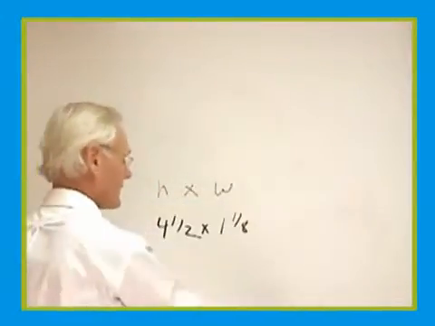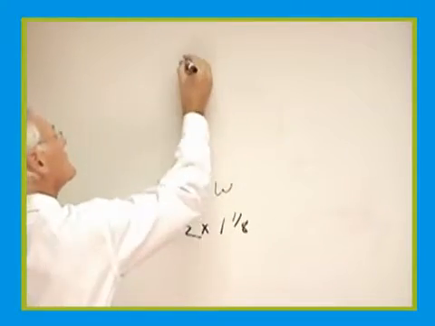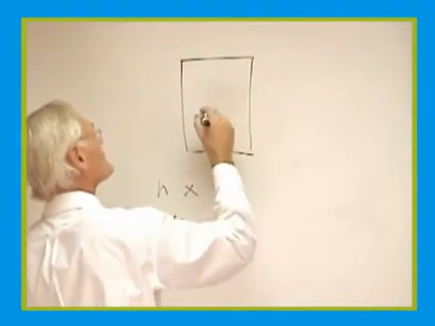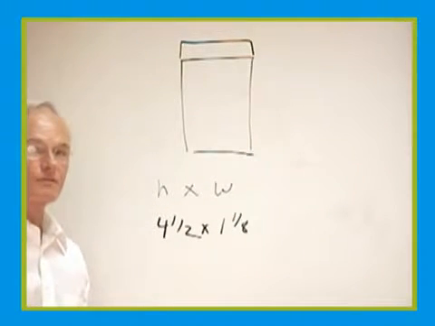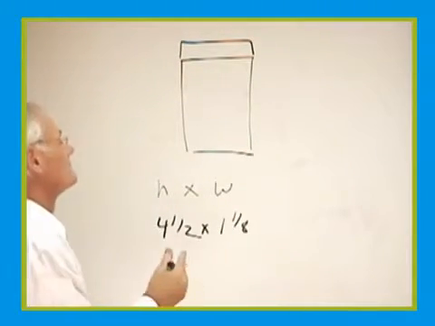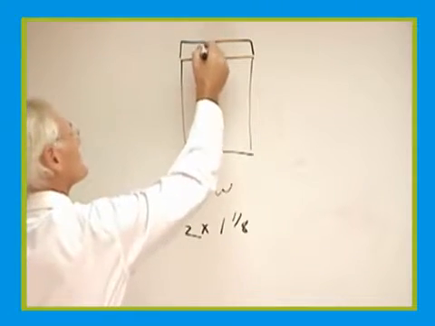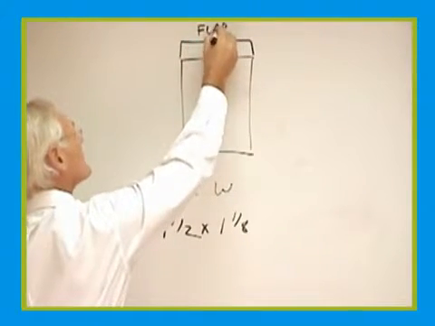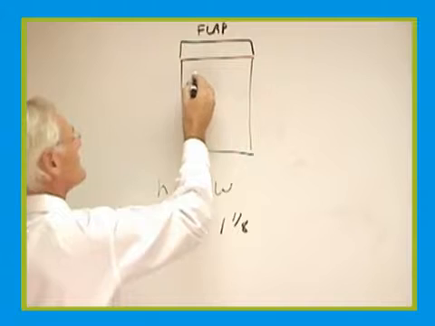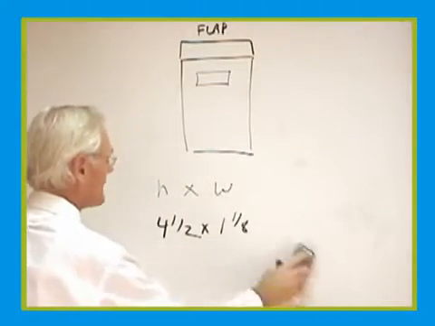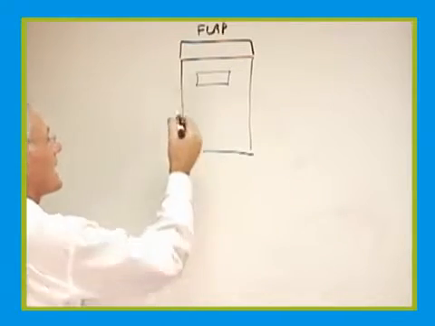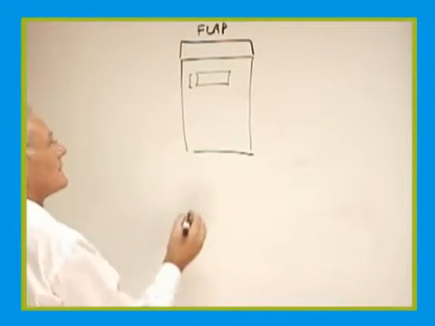What if you're working with a catalog envelope? That's an open-end center seam envelope. Again, everything will be fine as long as we start with the flap at the top. In this instance, our flap is here, and let's say that the window is here. The same rules will apply. We start with the height, and then the width.